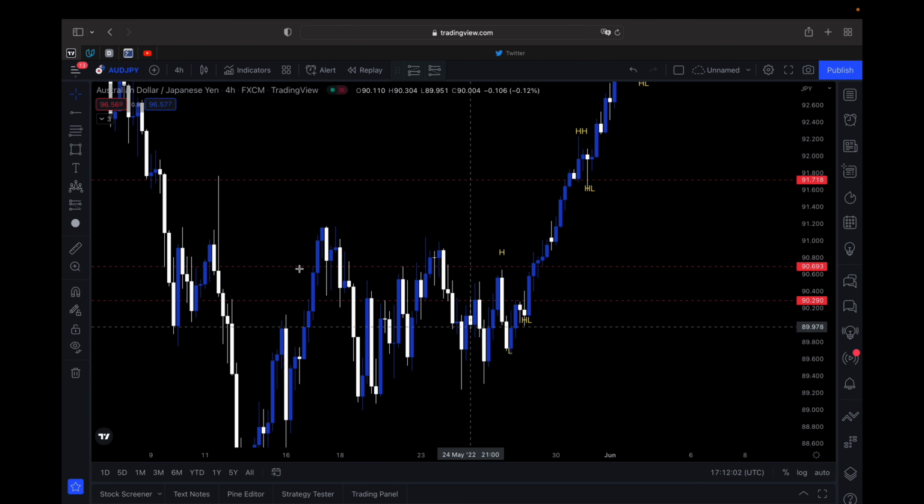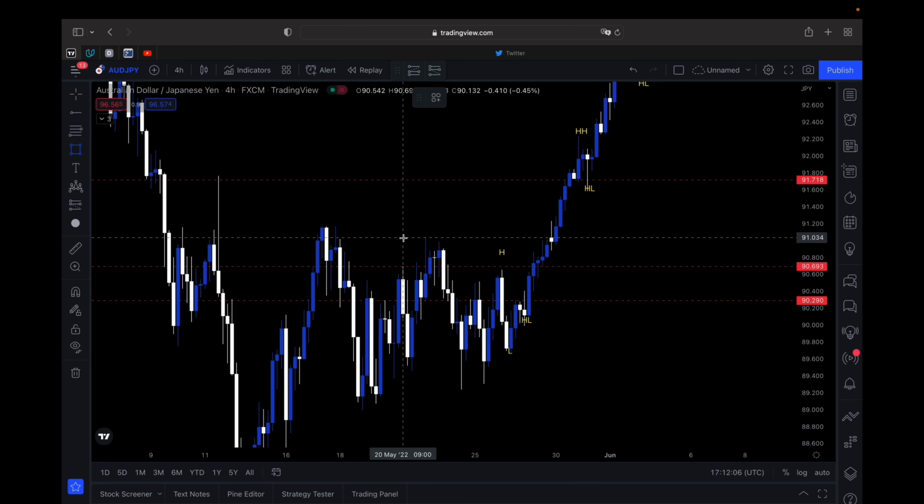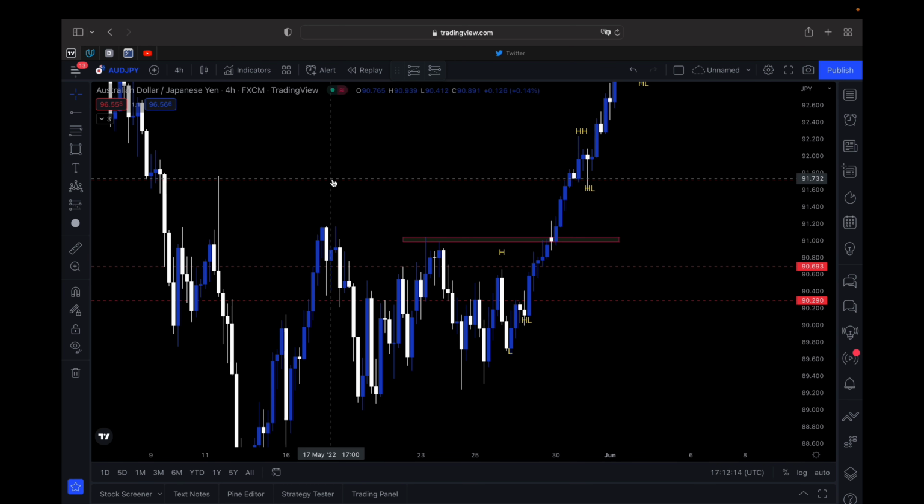I pick my levels. So here you go. This is the previous high. Before now this market has been in a bearish trend.